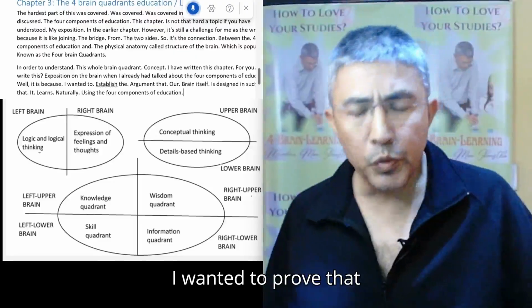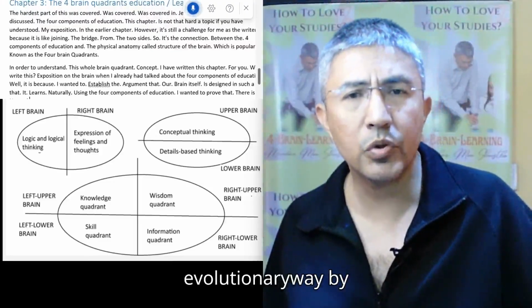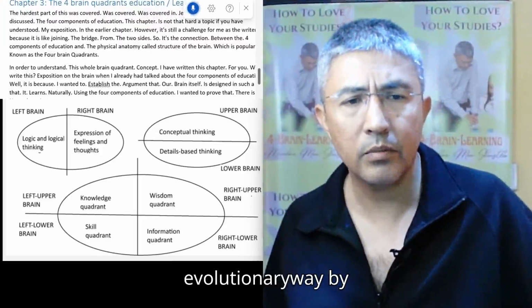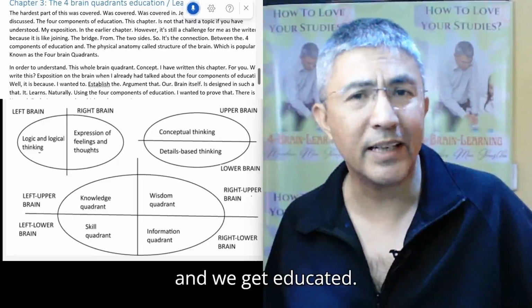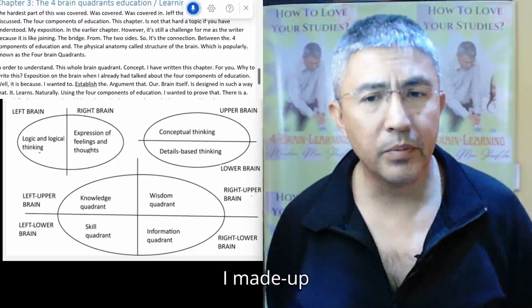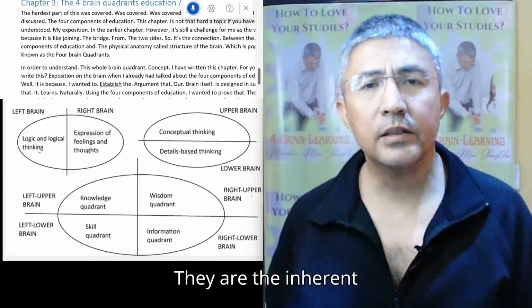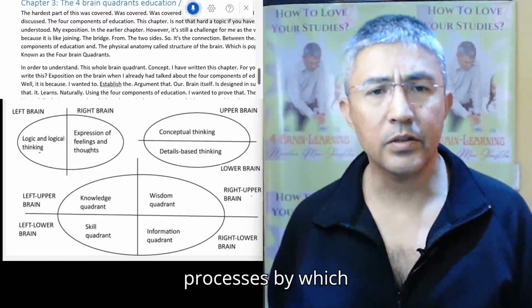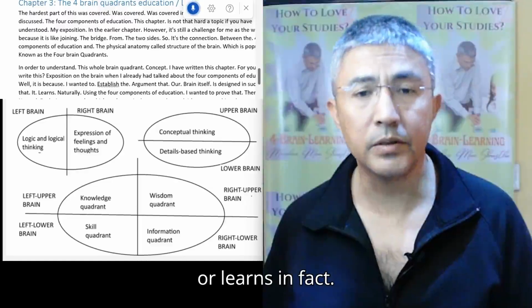I wanted to prove that there is a natural evolutionary way by which we learn and get educated. It's not something that I made up, that is the four components of education. They are the inherent processes by which our brain learns, in fact.